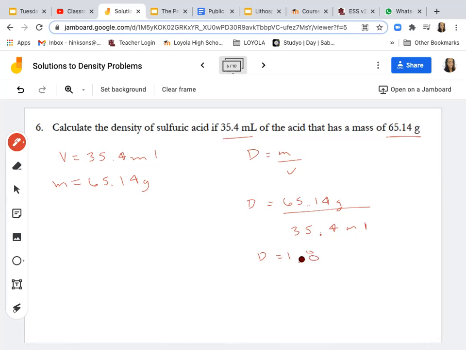Give me 3 figures. 1.8 what? 1.84 grams per milliliter. Do we all agree? Yes.